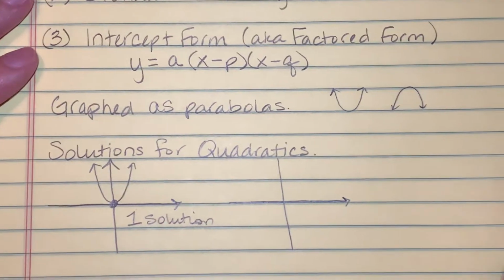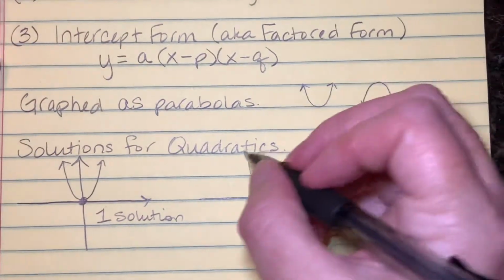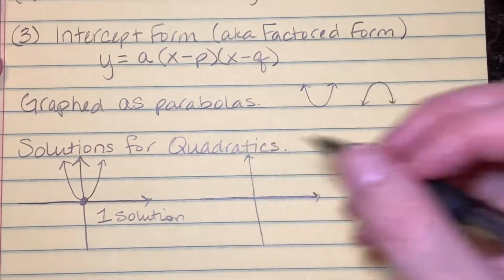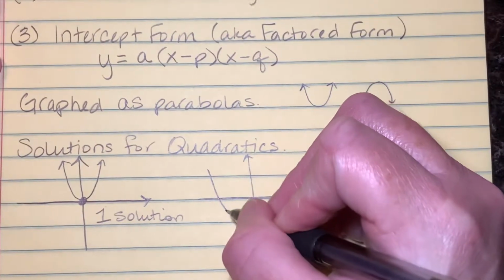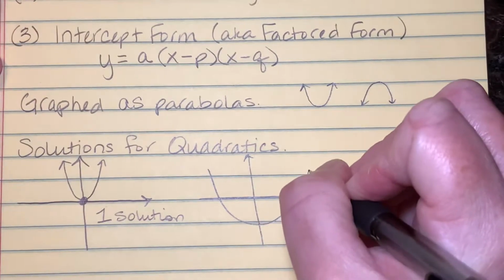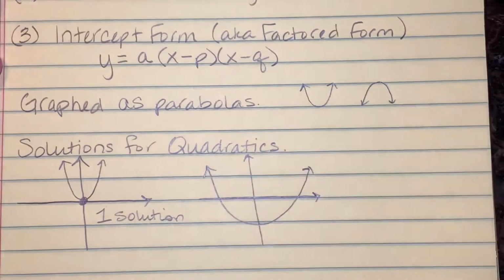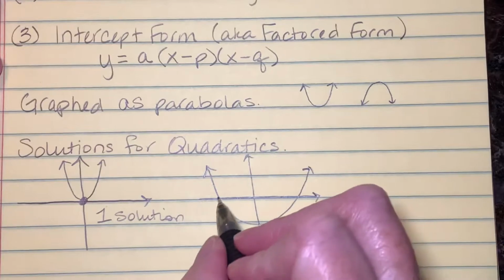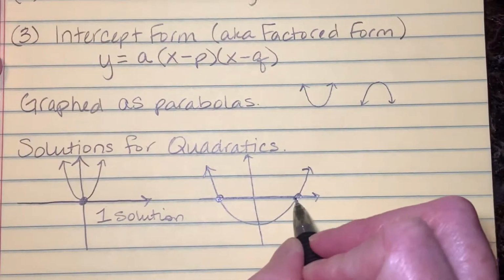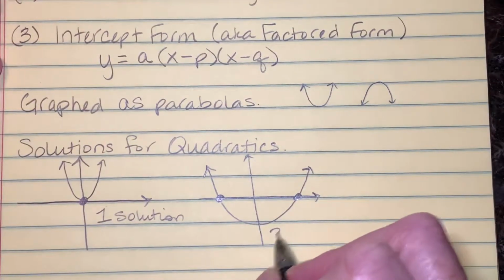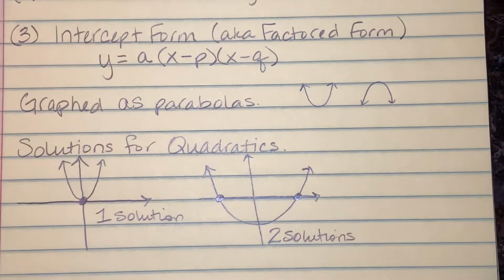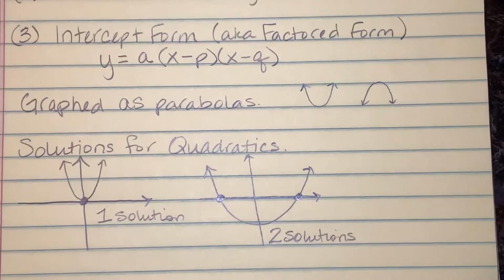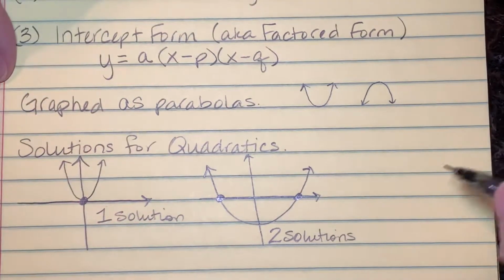Can we see these? Yes. It could be a parabola that is moved down a little bit, and so it might be fat, because they all look different, right? And here, this has two solutions. So hopefully you're going, oh, that's right. Solutions are where the graph crosses the x-axis.